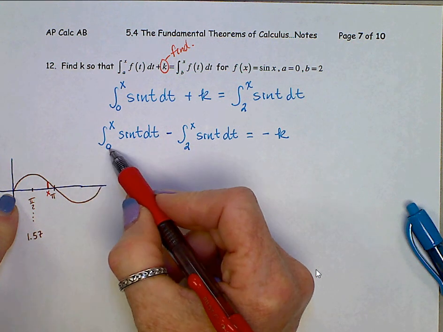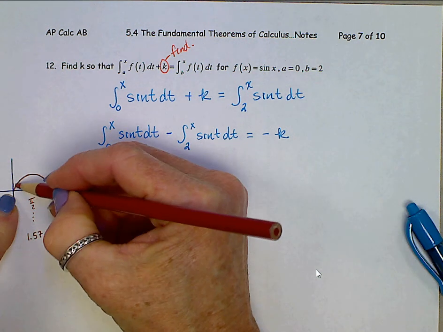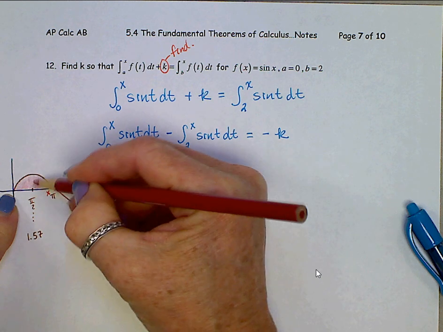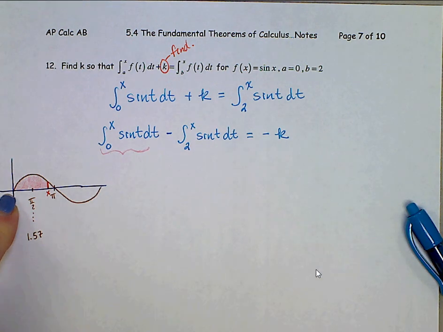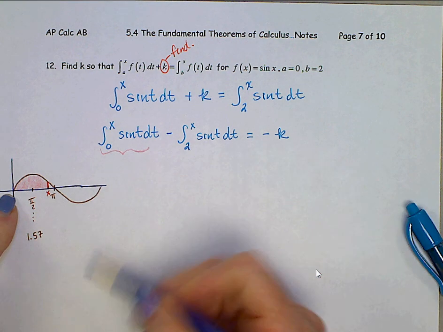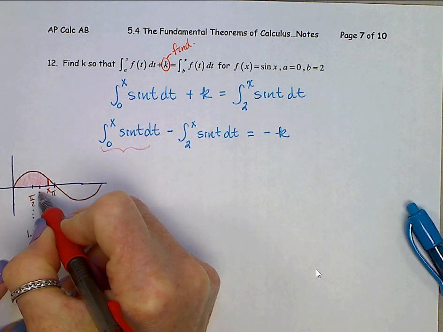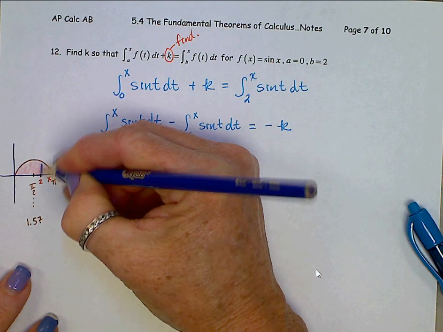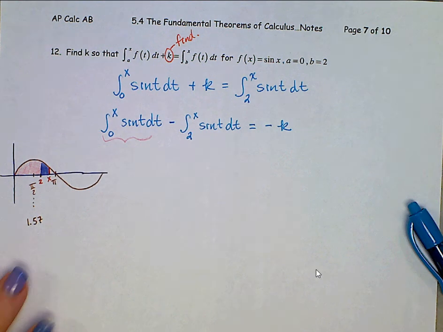All right, this talks about the area from 0 to x. That's this one, area from 0 to x. This second one talks about the area from 2 to x. Well, where's 2? 2 is probably right about there. So that second one talks about that blue area.